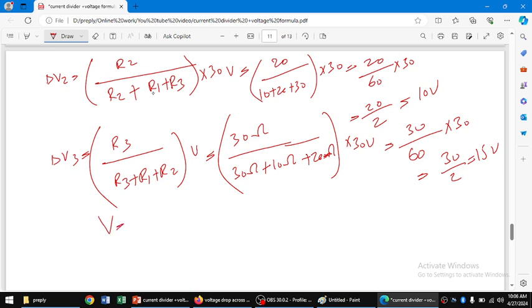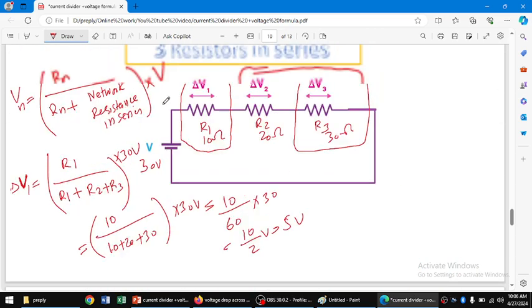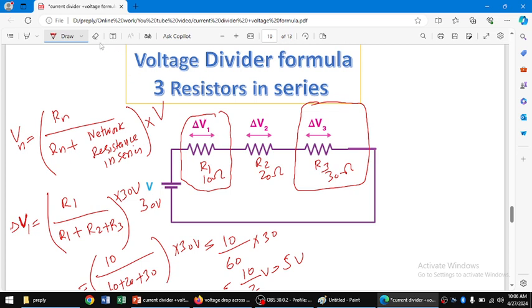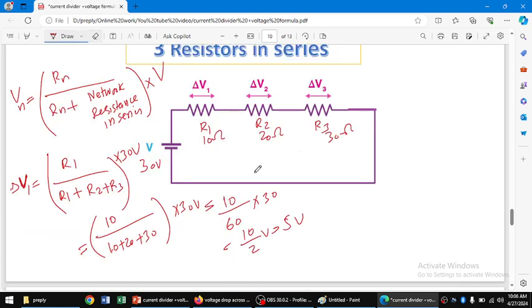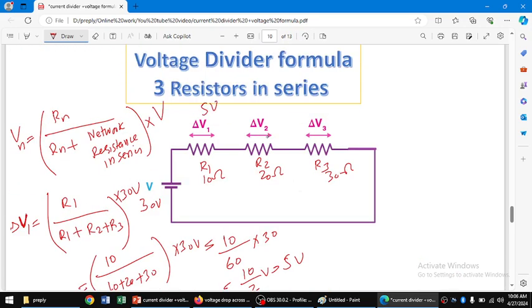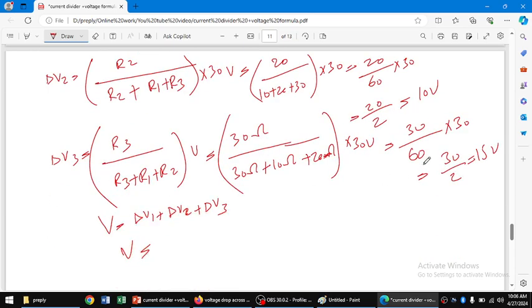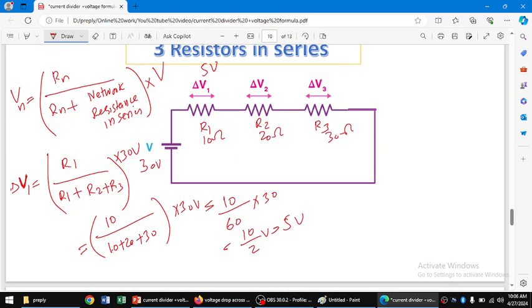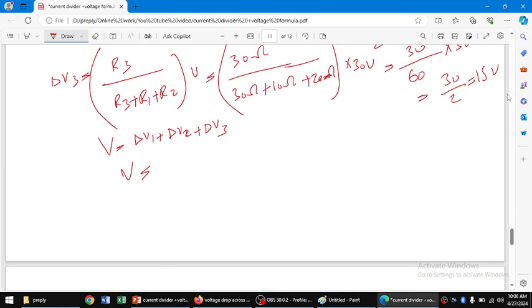You can check V1 plus V2 plus V3. It's a quick check, you can check your answer by adding all these three voltages. So del V1 is 5 volt, del V2 is 10 volt, and del V3 is 15 volt.